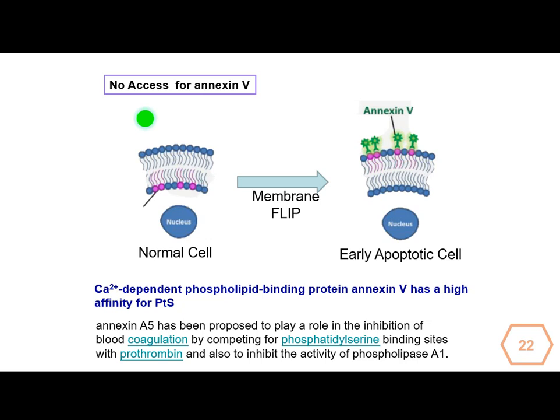PI is a stain, a chemical, equivalent to ethidium bromide, which will bind to nucleic acid. So if you see PI, it means it's binding to DNA or RNA. Where is the DNA and RNA?